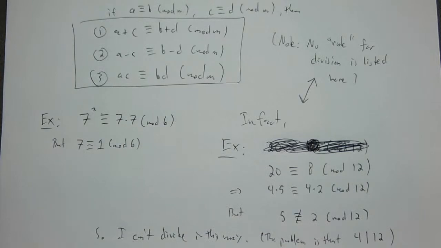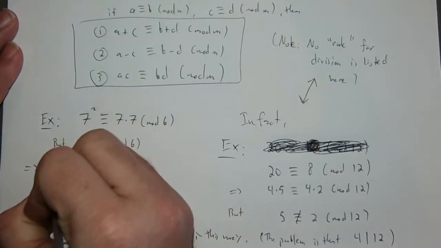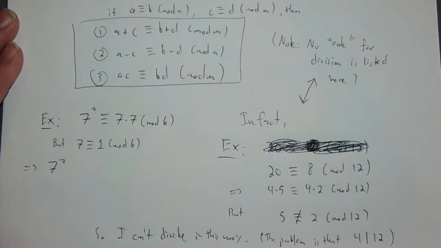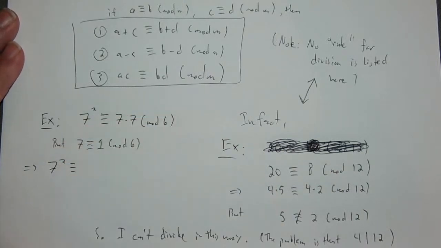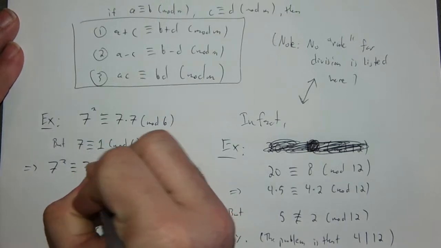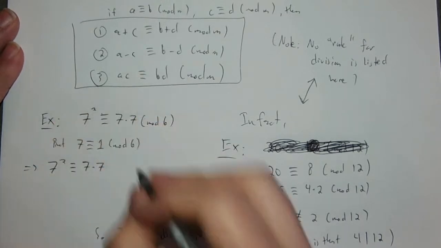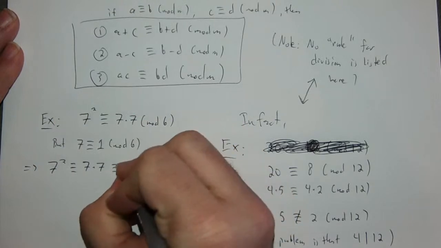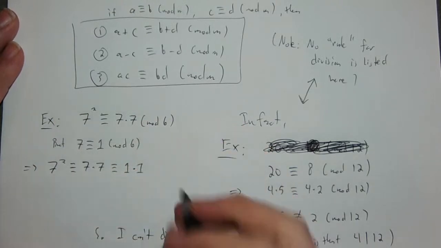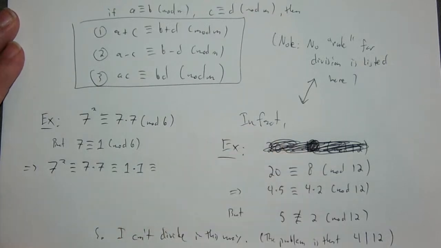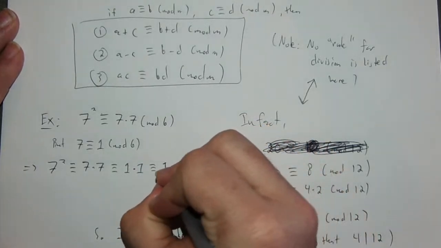Right? And so I can use 3 here and the fact that I have this congruence to say that 7 squared is congruent to 7 times 7. But by number 3 here, this is congruent to 1 times 1. And 1 times 1 is 1, so this is congruent to 1 mod 6.